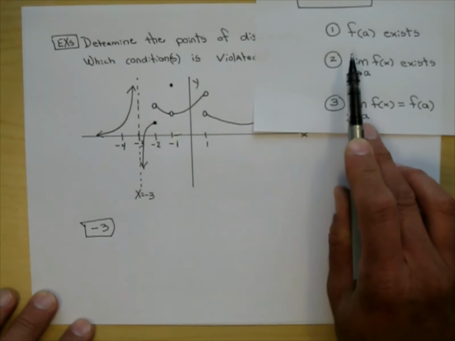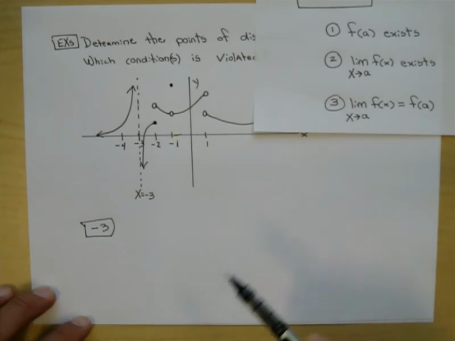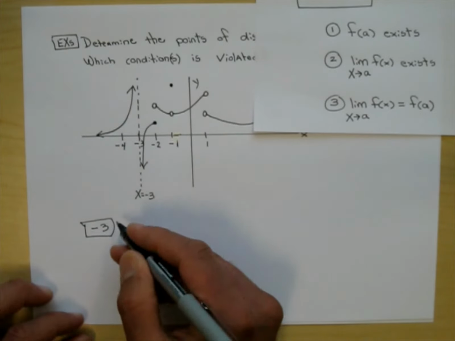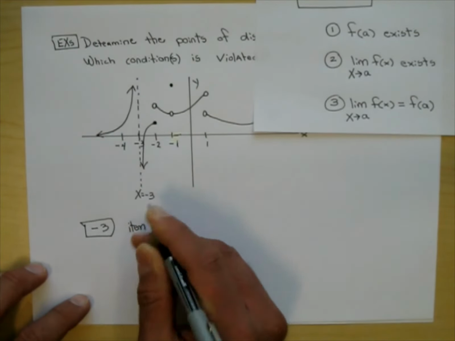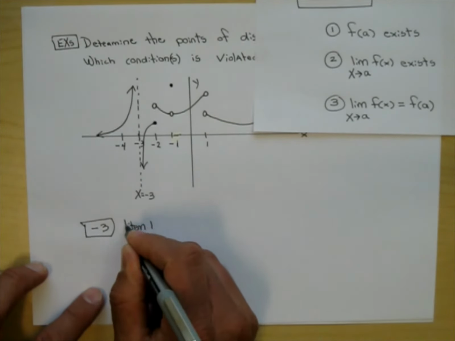The first condition says f of a exists. So the condition that is violated is item 1, which is that one right there. I'll put a box around that.